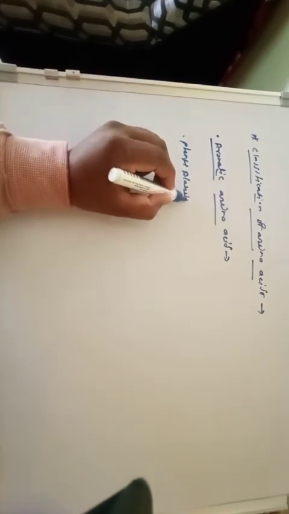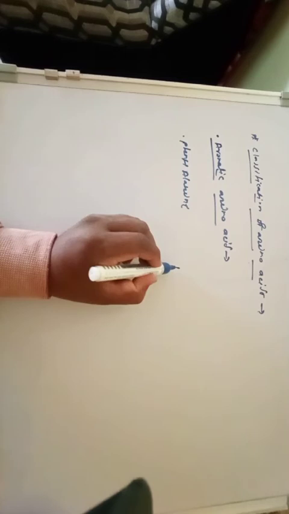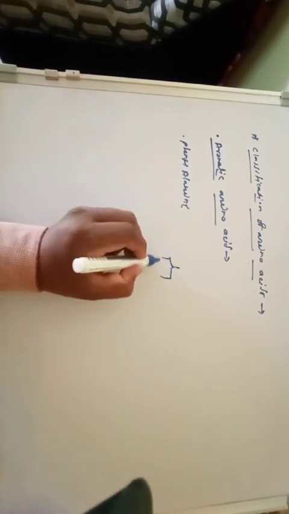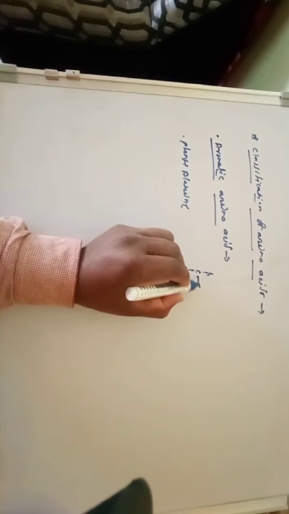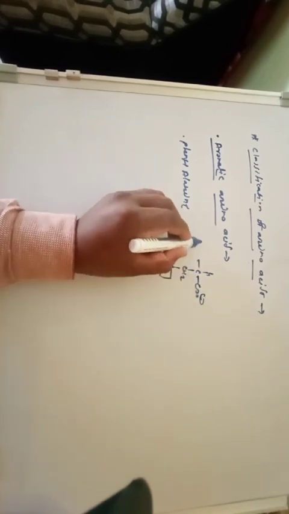If you see the structure, it is CH2, CHCOO minus, having NH3 positive. This is your phenylalanine. Second is tyrosine.